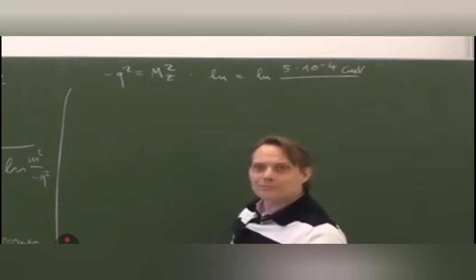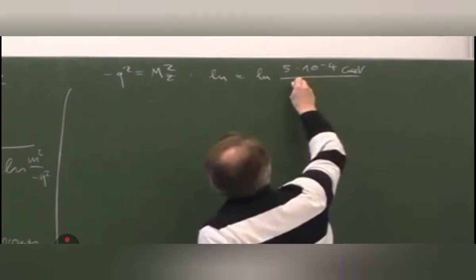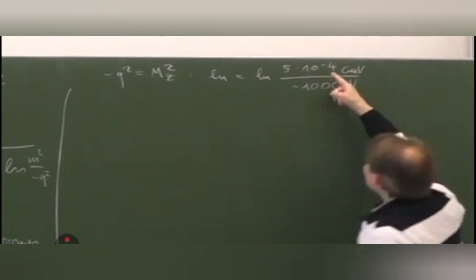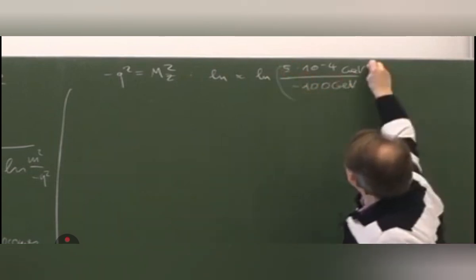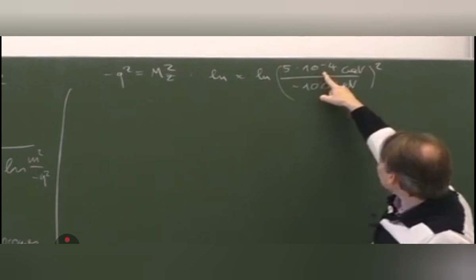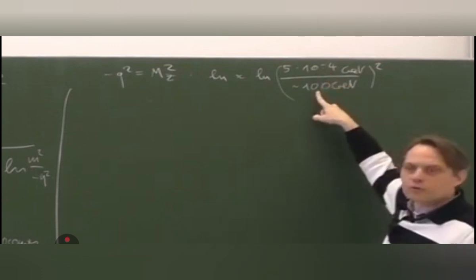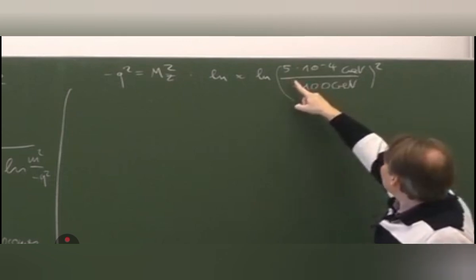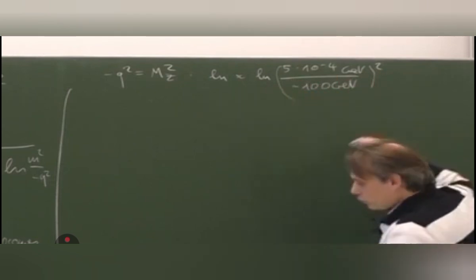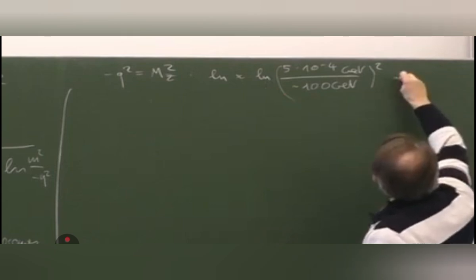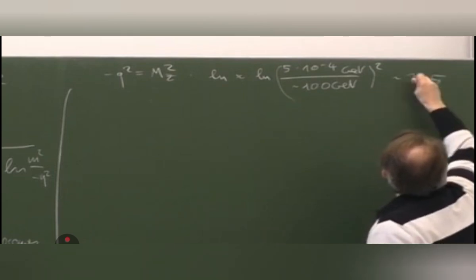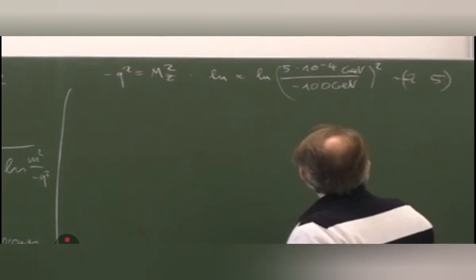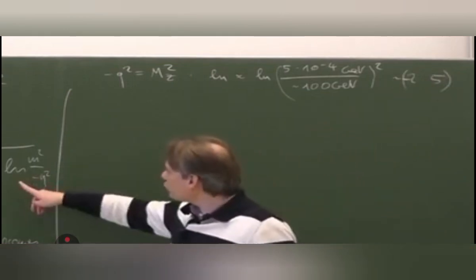Yeah, 91 GeV, so let's say approximately 100 GeV, and then you have here, and that whole thing is squared, 10 to the minus 4 divided by 10 to the 2 is approximately 10 to the minus 6 times 5 square, and the log of this gives about minus 2.5.